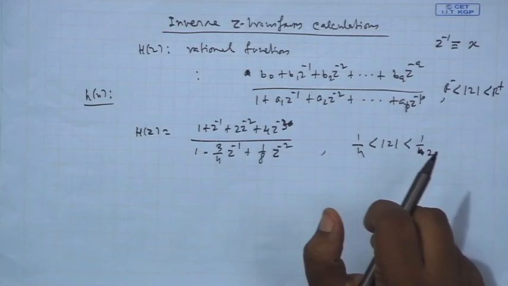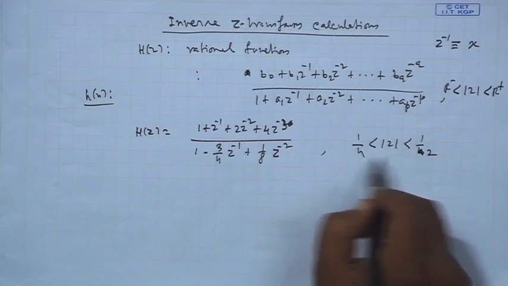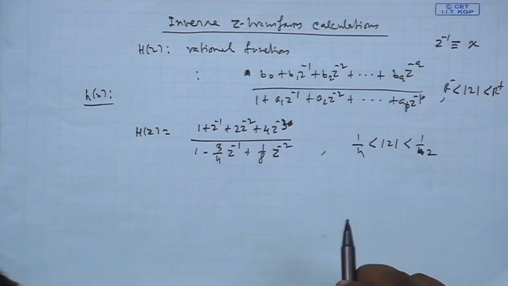So, the region between them is having Z's with mod Z between these two. So, that is the region of convergence given.